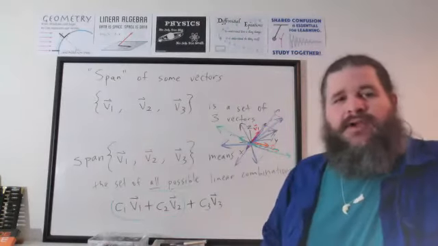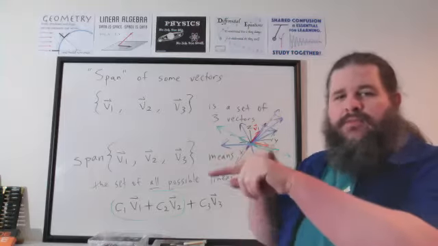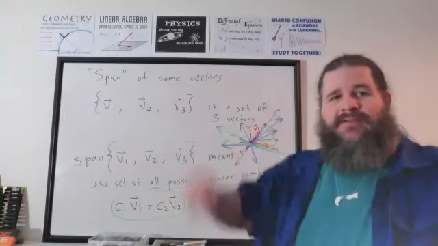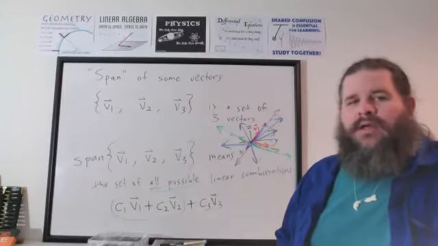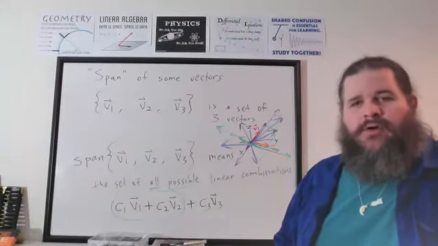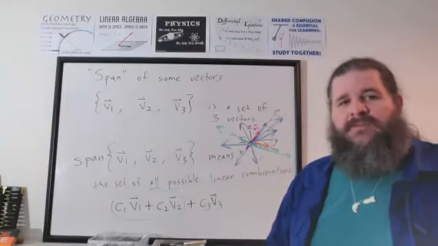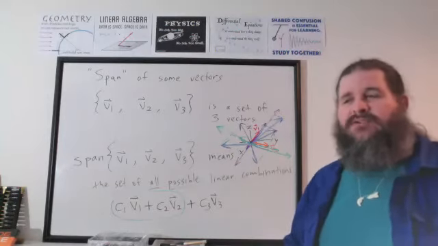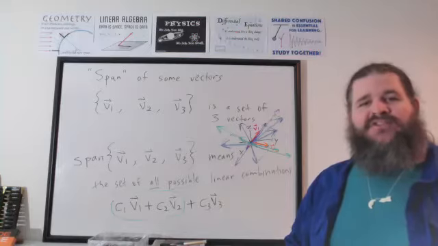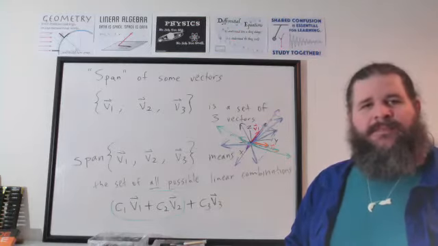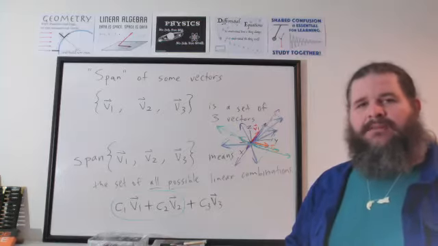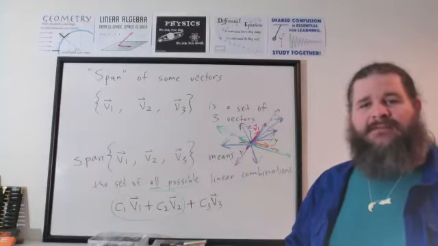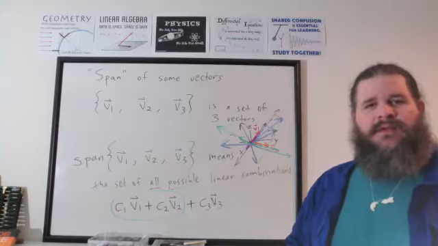If the universe we're talking about is R3, then three directions is enough to get anywhere in that entire universe. However, in a higher dimension universe like R4 or R5, three vectors wouldn't span the entire universe. They would just span a three-dimensional subspace of it.